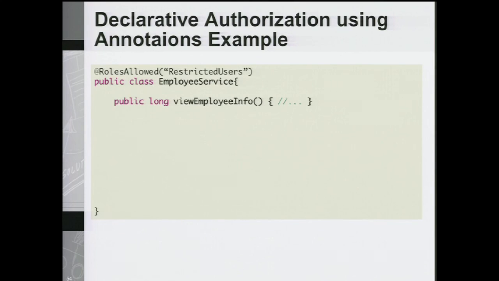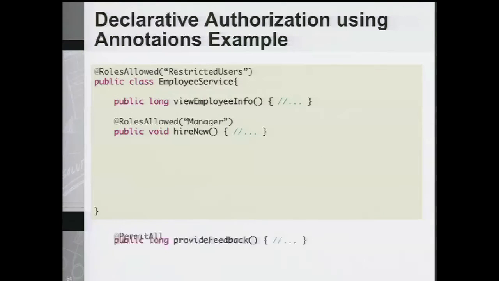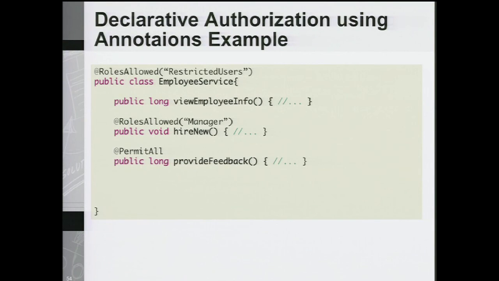So the view employee info method can be accessed by any authenticated user who has the role restricted users. And for hire new employee, we're saying the roles allowed is manager, so only authenticated users with the role manager can access the hire new employee method. Likewise, for provide feedback, we're saying any authenticated user can access that. And same example, fire all employees, no one can access that.